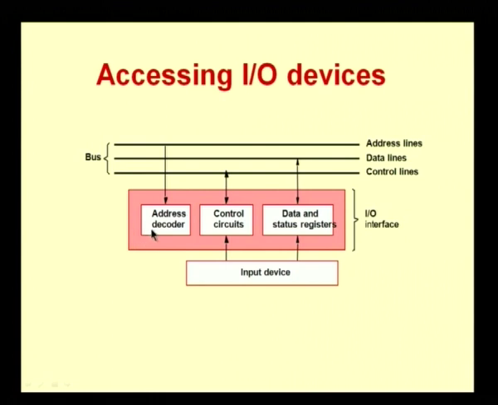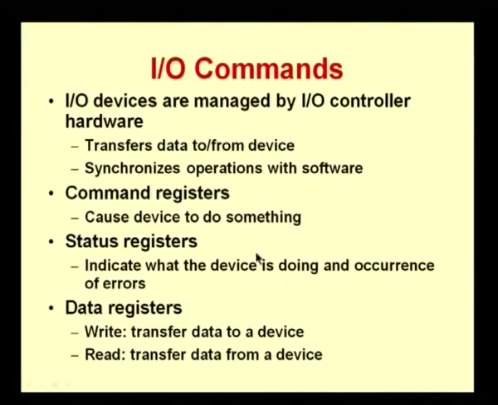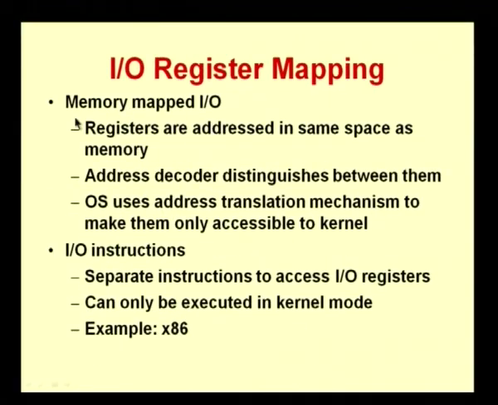We have said that there is an address decoder, which will look at the address, decode it and identify that it is this particular device which is being addressed. That is not a problem. What we need to understand is where exactly are these addresses specified. We know that for memory, there is a set of addresses given, but what about IO addresses?